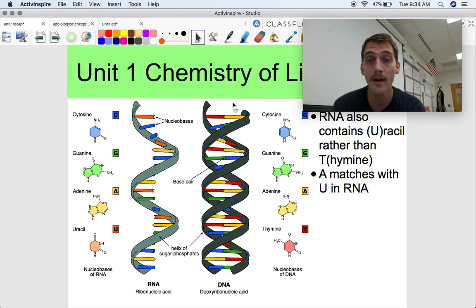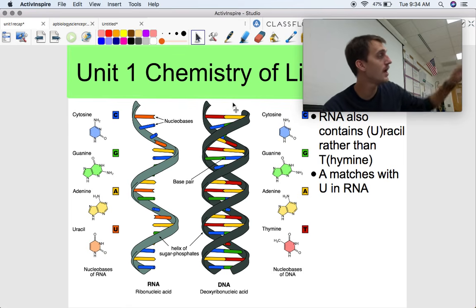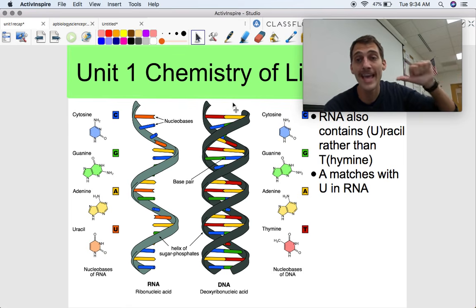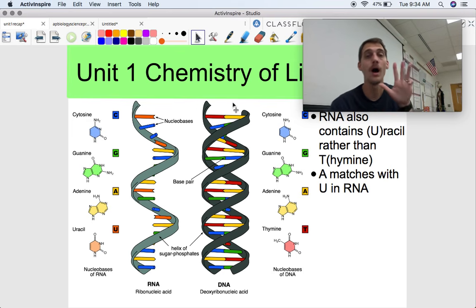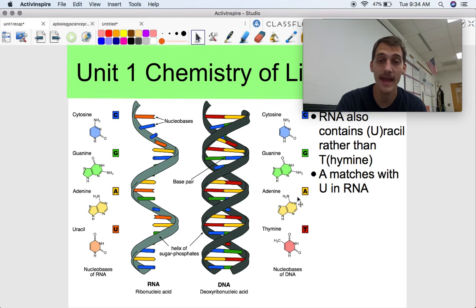Another one is that RNA contains uracil rather than thymine. So the 4 nucleotides that you can find in DNA are A, G, C, and T, but in RNA it is A, C, G, and U. The base pairing rules state that A always matches up with T, and C always matches up with G, or as I like to tell my students, the apple goes in the tree, the car goes in the garage.